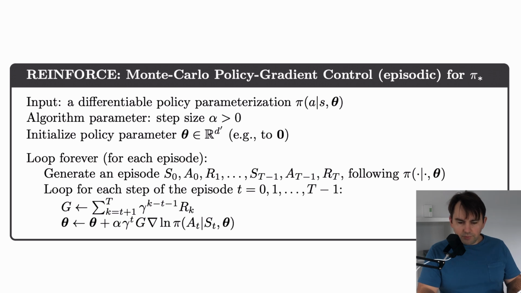So inside our loop, we have our policy generate the full episode. So from state S0, we use our policy to produce action A0. The environment takes our action and outputs the next state S1 and the next reward R1. We continue this over and over until we get to the terminal state and terminal reward.